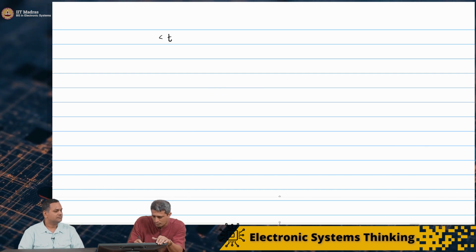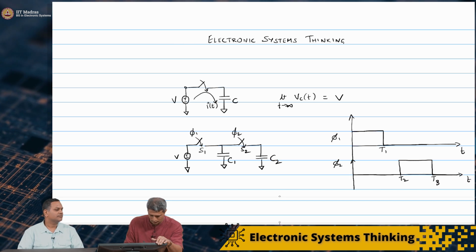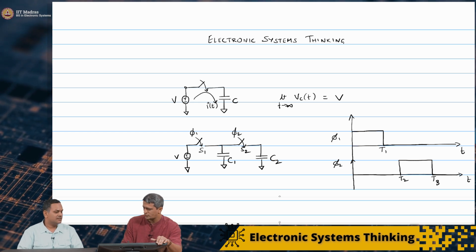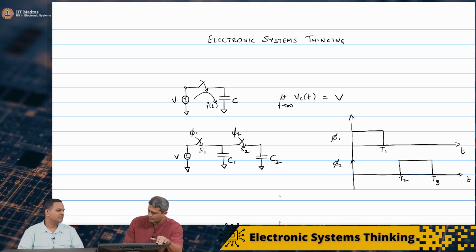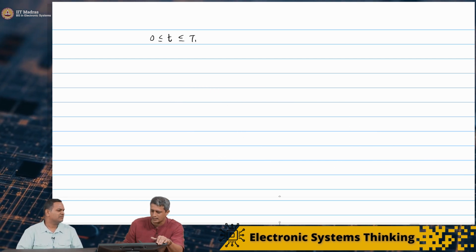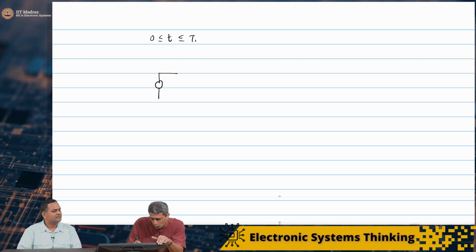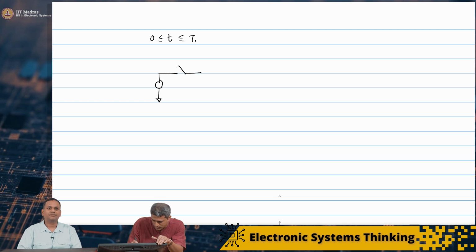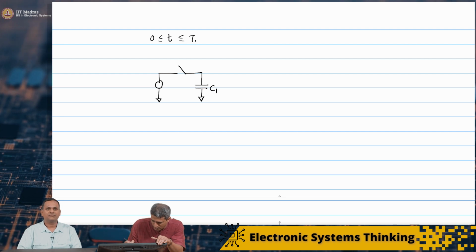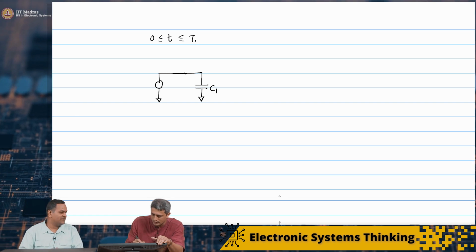For time 0 less than T1, what we see is only switch S1 is on, switch S2 is open, and therefore the capacitor C2 is completely disconnected from the circuit. So the equivalent circuit is going to look like this: the closed switch is even a short circuit. So this is C1.